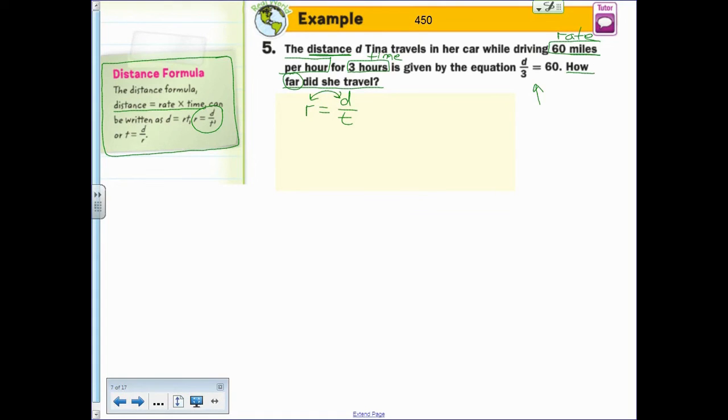So our rate is 60, and they've got it on the right-hand side. We don't know our distance, that's why they have a D, and 3 is our time. And if you look back in the problem, 3 hours is the time, 60 miles per hour is the rate, and we are looking for D, the distance. So D equals distance.